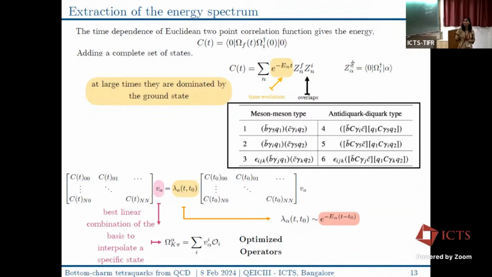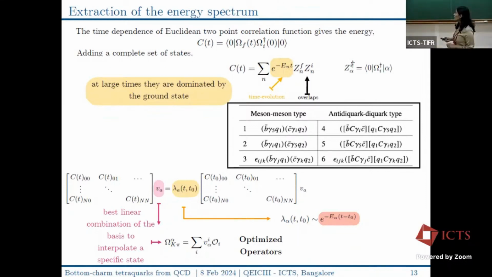But now the issue is how to get out the ground state energy reliably. What we do is we use a number of different operators for this. Instead of a single correlation function, we have a matrix of correlation functions, and then we use a technique called the generalized eigenvalue problem, which is basically like solving an eigenvalue problem.